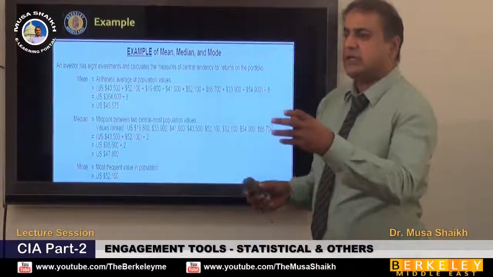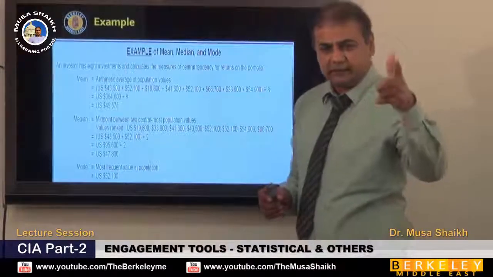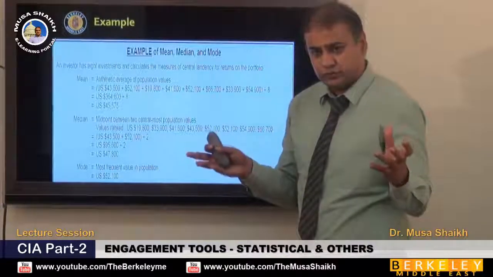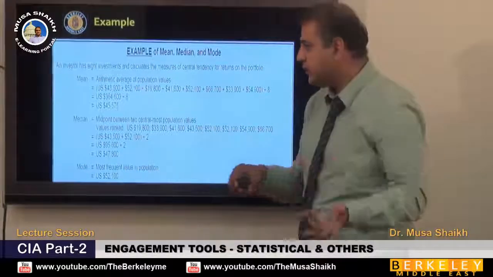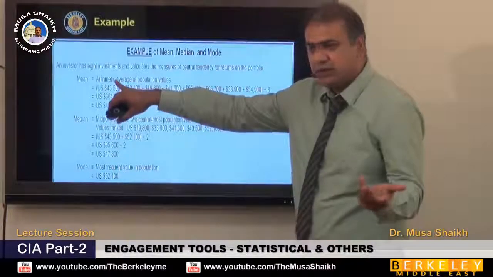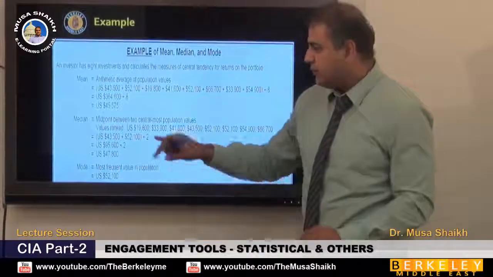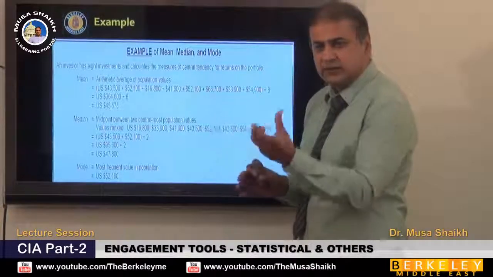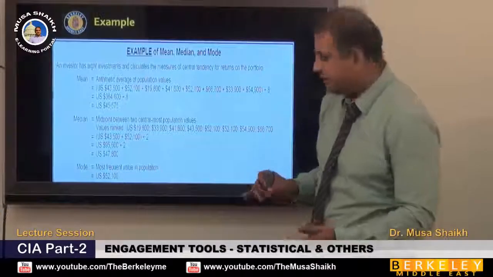Some students are scoring 100%, some 60%, some 80%. We want to know the average IQ level of the full class. So either we calculate a mean, taking all the marks divided by the number of students, or the median, where we arrange the marks in order and take the middle two values divided by 2, and that becomes the average.